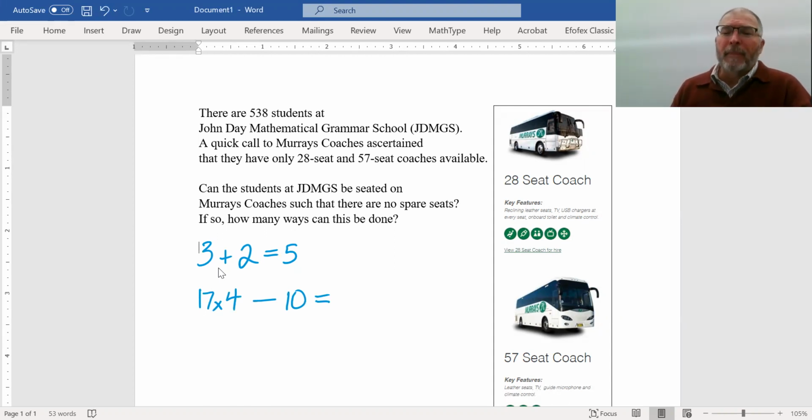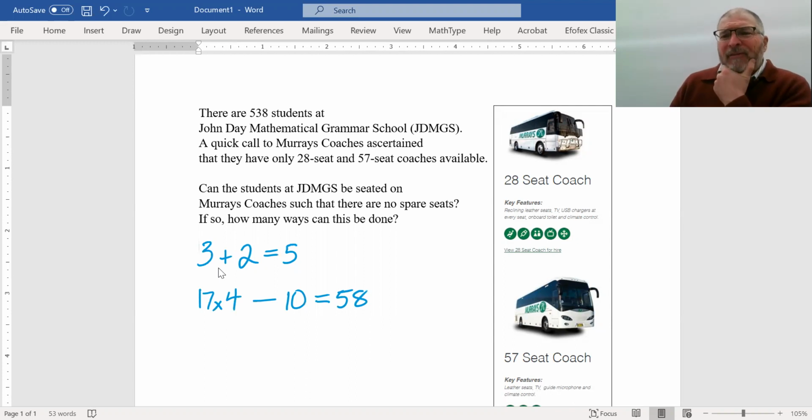You're right, I must get an integer. Now, it could be negative if I subtract something big enough off, but I must get an integer. I can't get some sort of decimal-y, fraction-y situation. If I start with integers and I add, subtract or multiply integers, I must always end up with another integer.